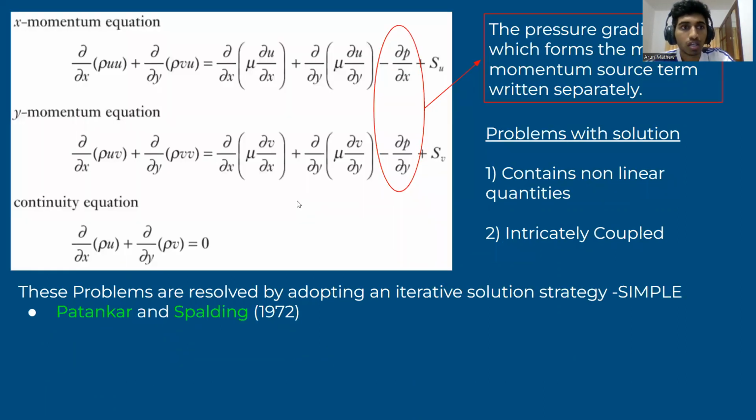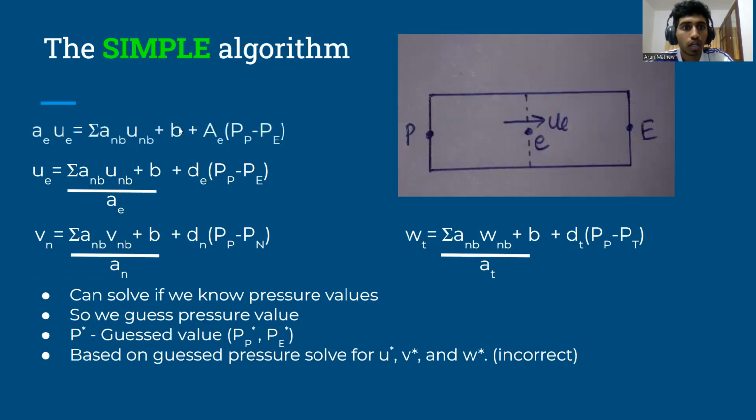In the previous slide, we saw that the pressure gradient term was written separately from the source term. So here b will represent any other body force other than the pressure gradient term.